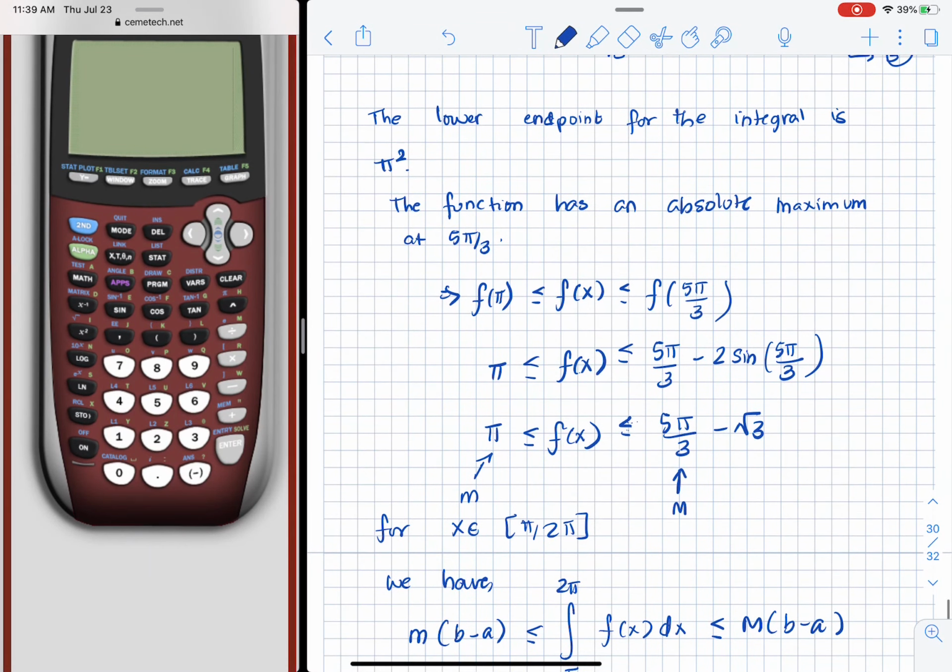So that minus root 3 comes from sine pi over 3.